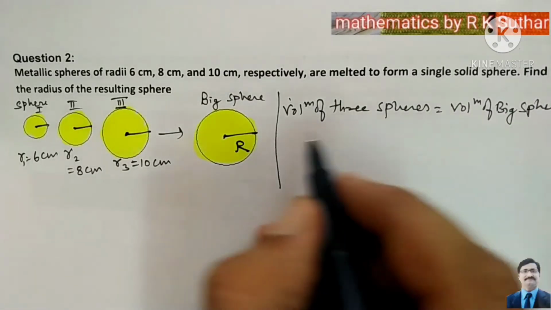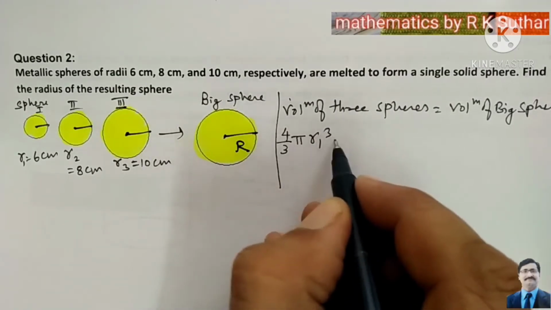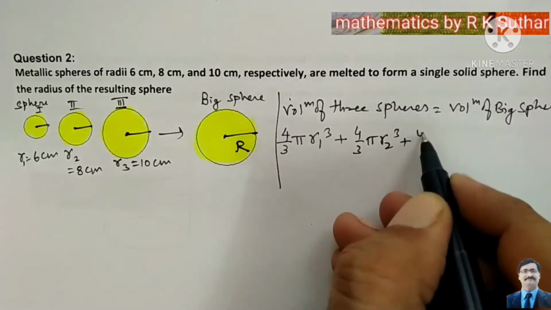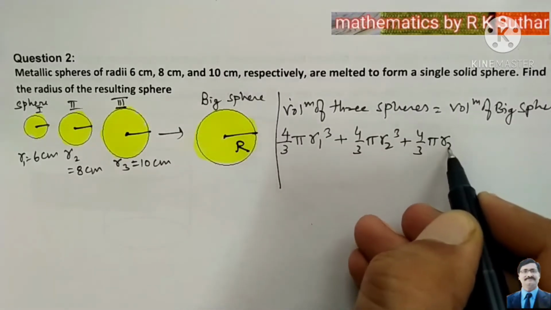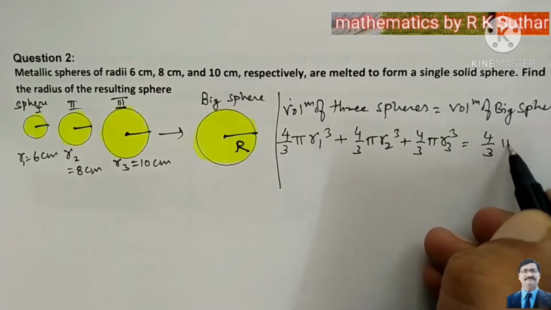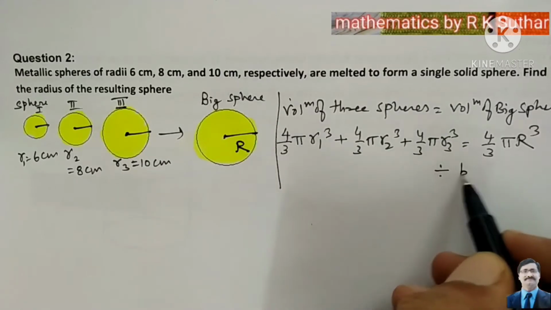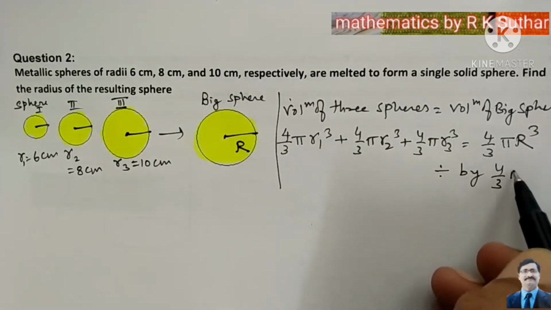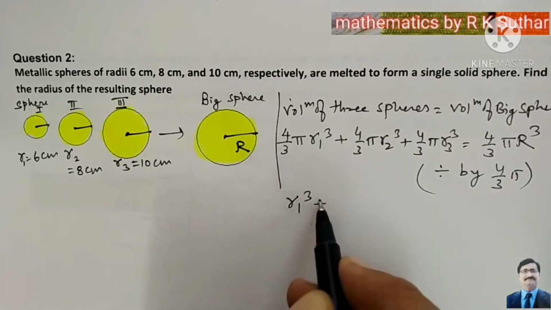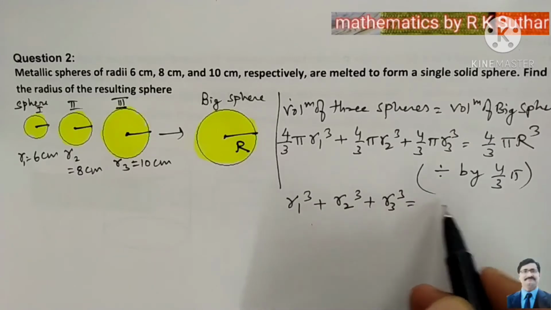Now volume of 3 spheres we can write as 4 by 3 pi r1 cube, 4 by 3 pi r2 cube, 4 by 3 pi r3 cube, and the big one is 4 by 3 pi, here we write capital R cube. Now we divide all these by 4 by 3 pi.